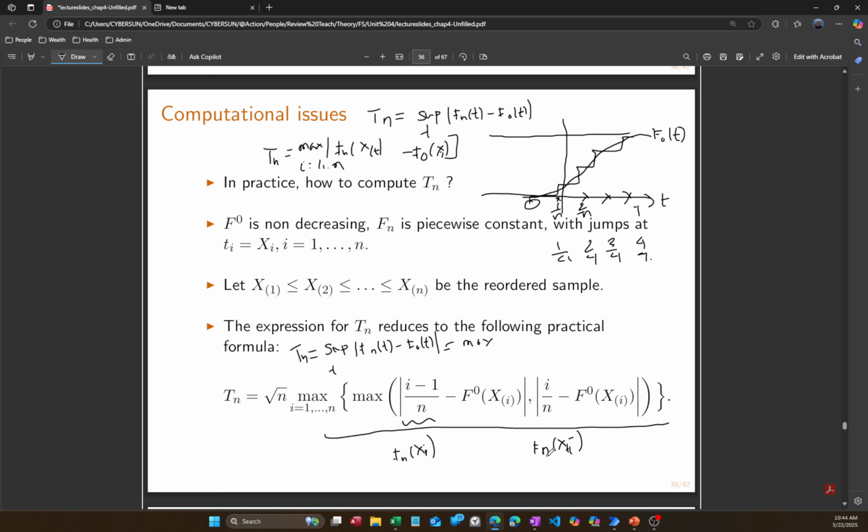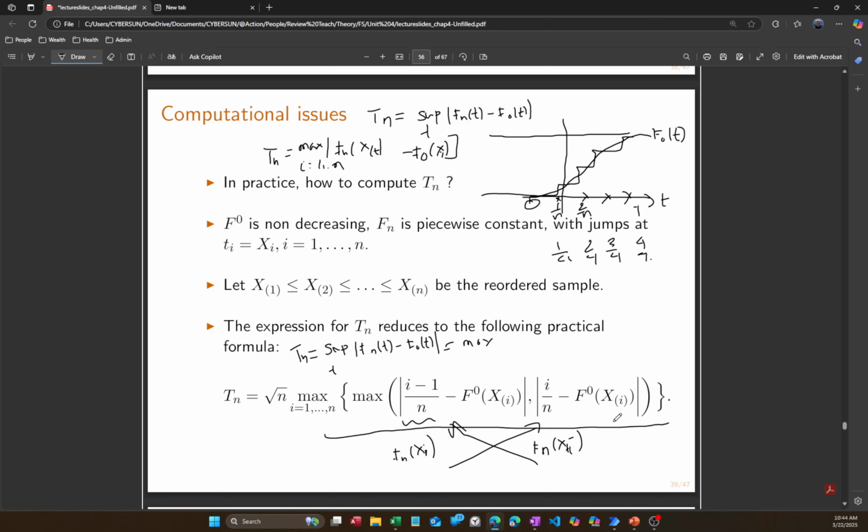Now, we have to find out why Fn(xi) is equal to i by n.